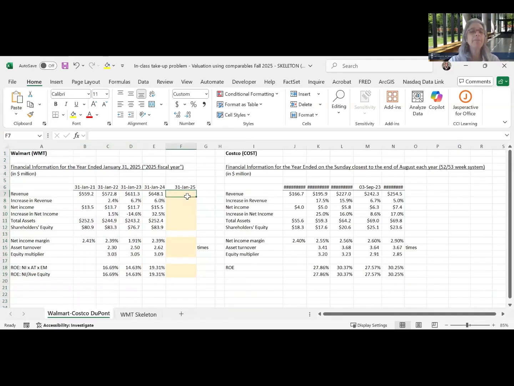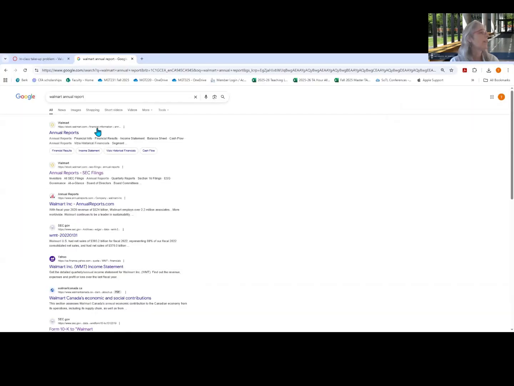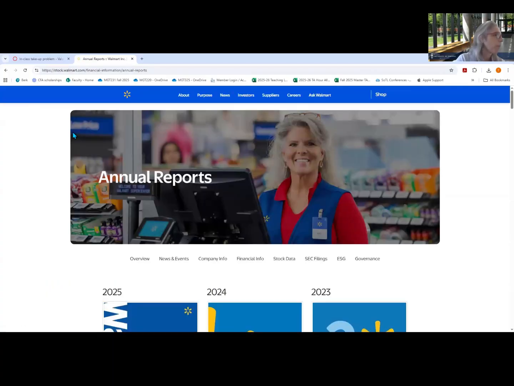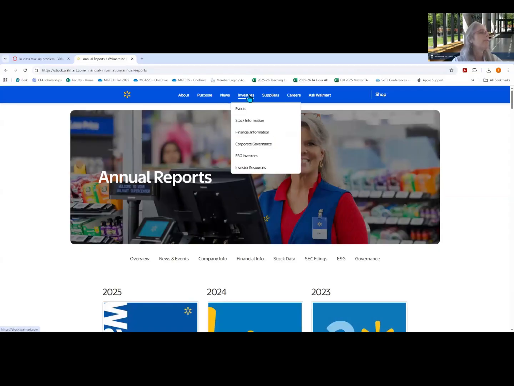Okay, so you'll have access to FactSet for the assignment. As I mentioned last week, we've requested licenses for everybody, but this information also comes from the company's actual financial statements. So I want to show you how to find that through the financial information for Walmart. You'll see here they've got information for investors as one of the options.